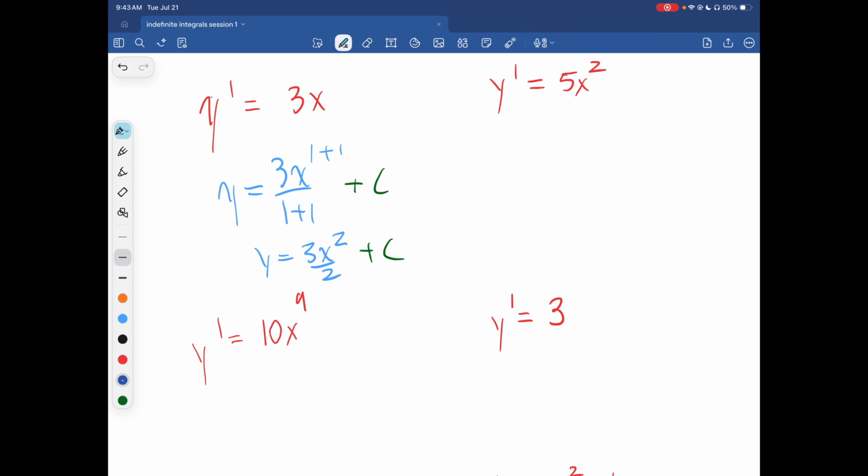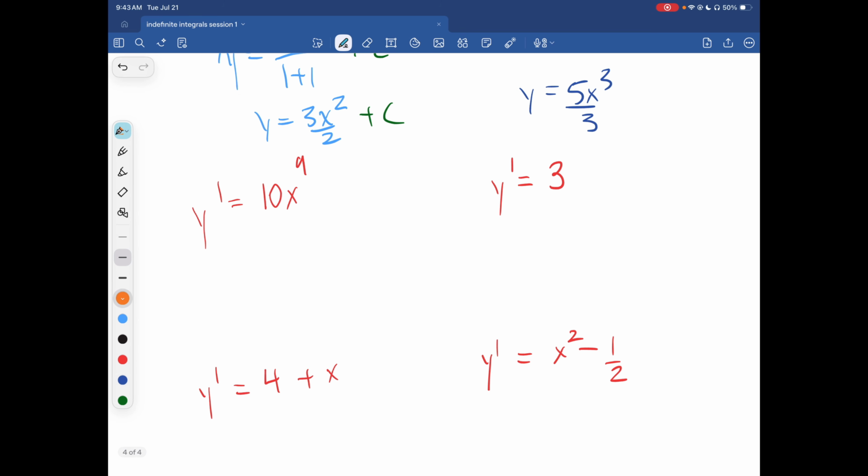Remember here, we took a derivative, we got y prime. So to undo that, we know that we would have y equals 5x to the 2 plus 1 over 2 plus 1. We can't forget about that plus c. So we have y equals 5x cubed over 3 plus c. Next, y equals 10x to the 9 plus 1 over 9 plus 1.